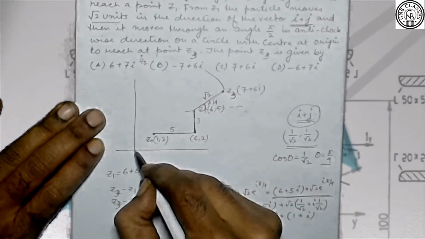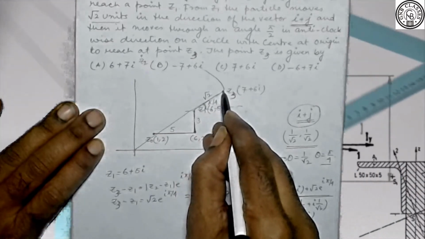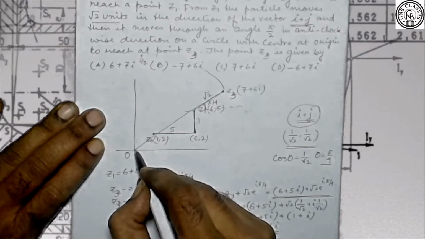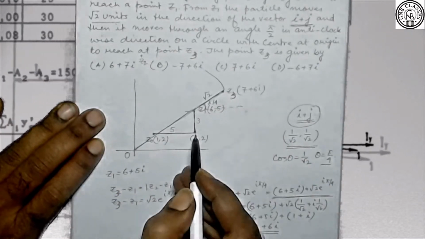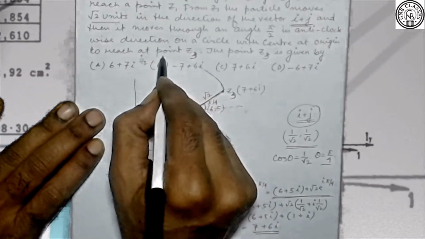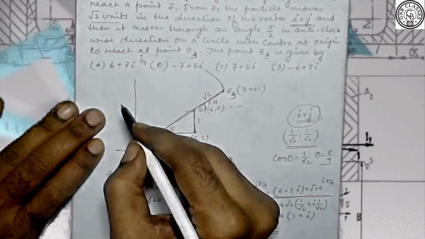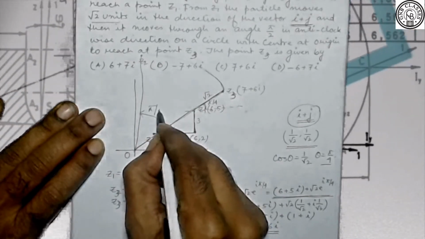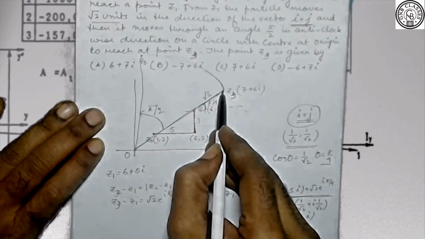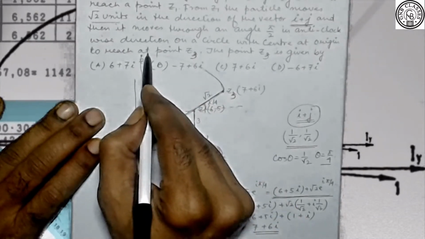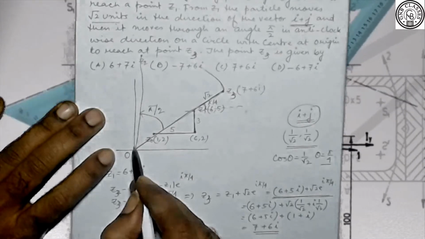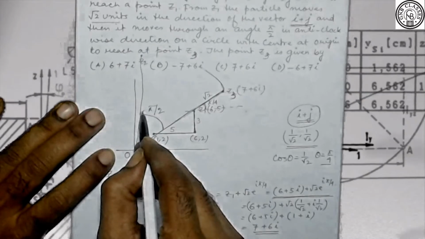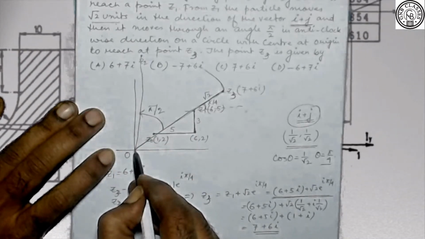It moved in the anti-clockwise direction on a circle with center at the origin. Meaning keeping this thing as a radius, the particle is moving in the anti-clockwise direction to reach this point, and this angle is pi by 2. Have you understood this or not? From this point, it is moving along the arc of a circle whose center is at the origin and coming to a point Z2 where it has made an angle pi by 2 at the origin. Is it clear or not?